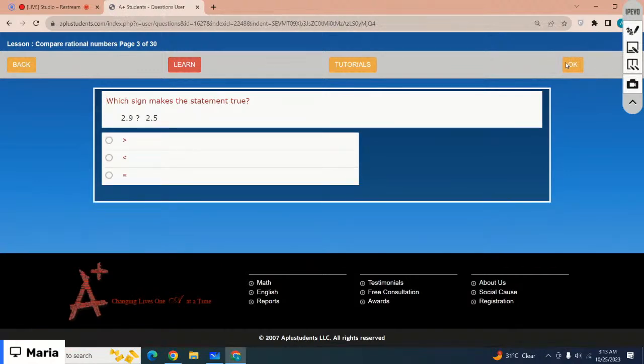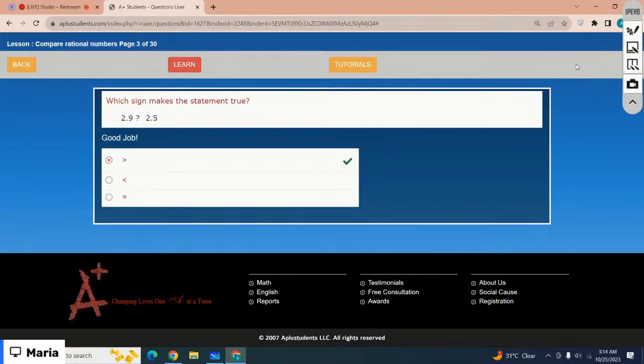The next one is 2.9 and 2.5. Which is the correct option? 2.9 is greater than 2.5.